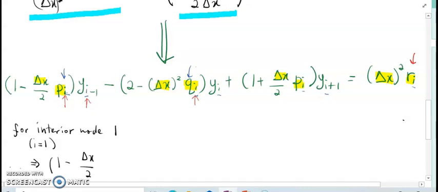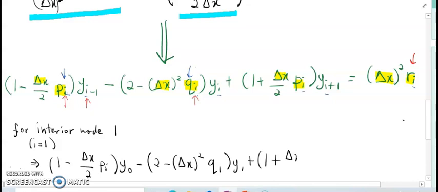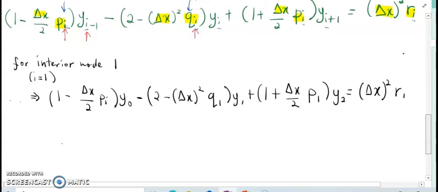As for now, I don't have any value for delta x, so I write delta x as it is.